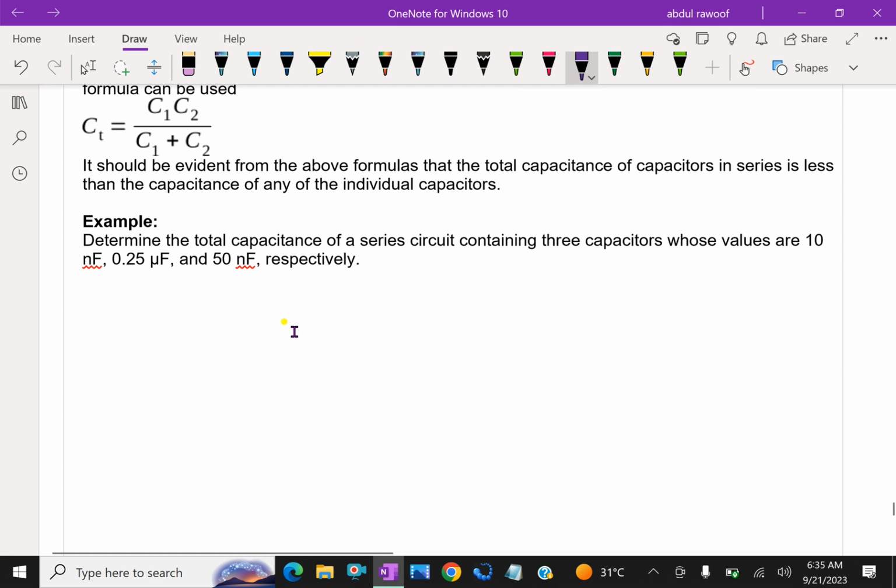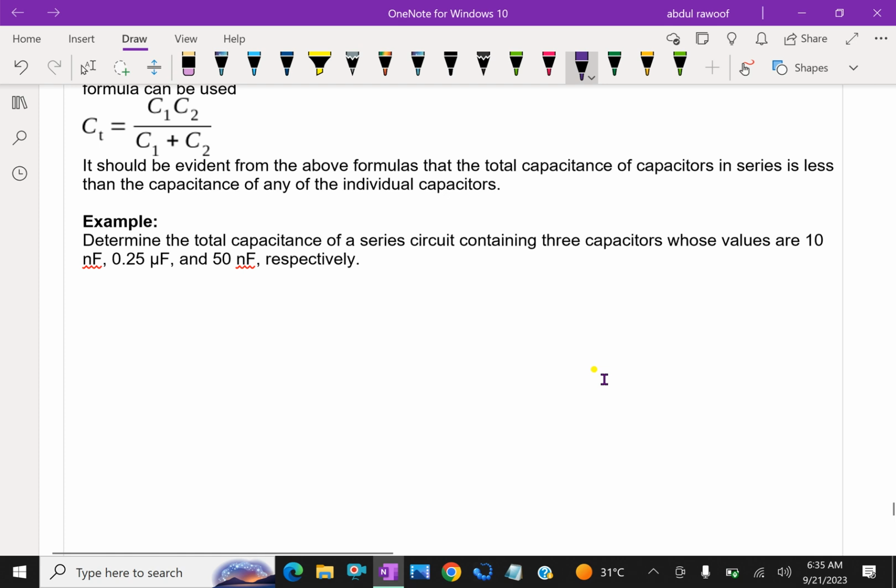Now look at this example. Determine the total capacitance of a series circuit containing three capacitors whose values are 10 nanofarad, 0.25 microfarad and 50 nanofarad.